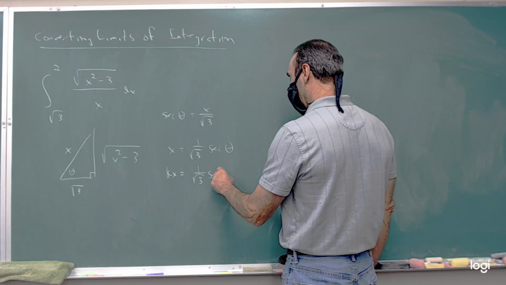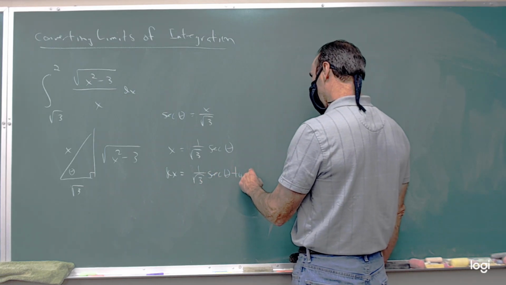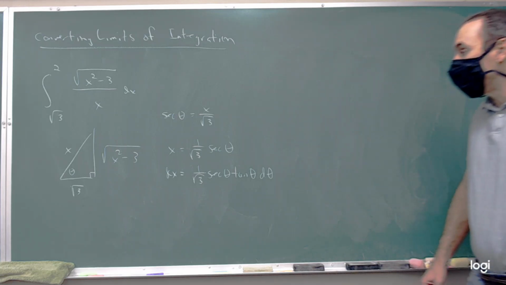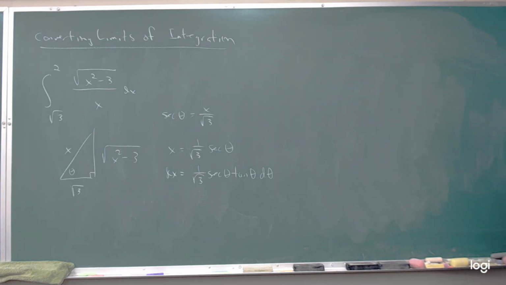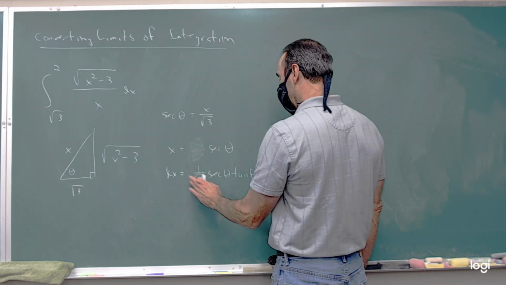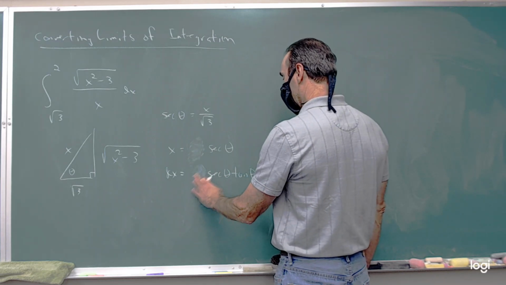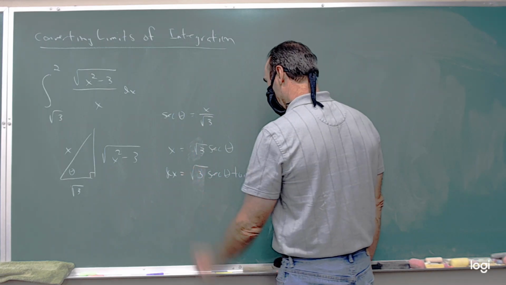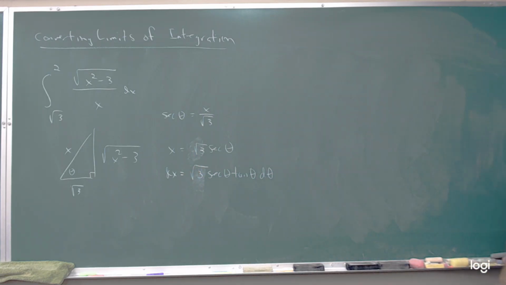So we got secant theta, tangent theta, d theta with our constant 1 over square root of 3. Mr. Street, should you multiply by square root of 3? So it should be square root of 3 secant theta instead of 1 over square root of 3? Yes, yes, yes. Oh boy, that would have made a difference in a moment here. Yes, thank you. Let's nip those errors before they get to be monumental. Good.